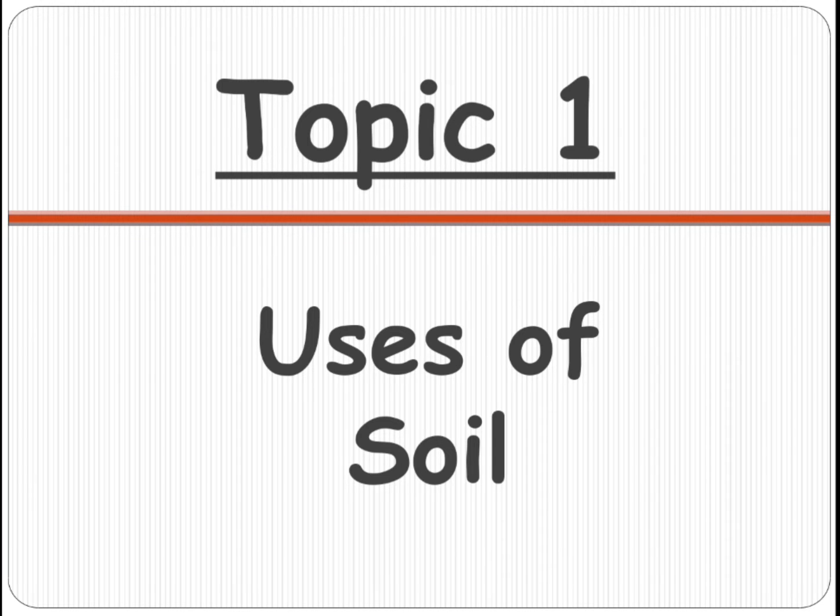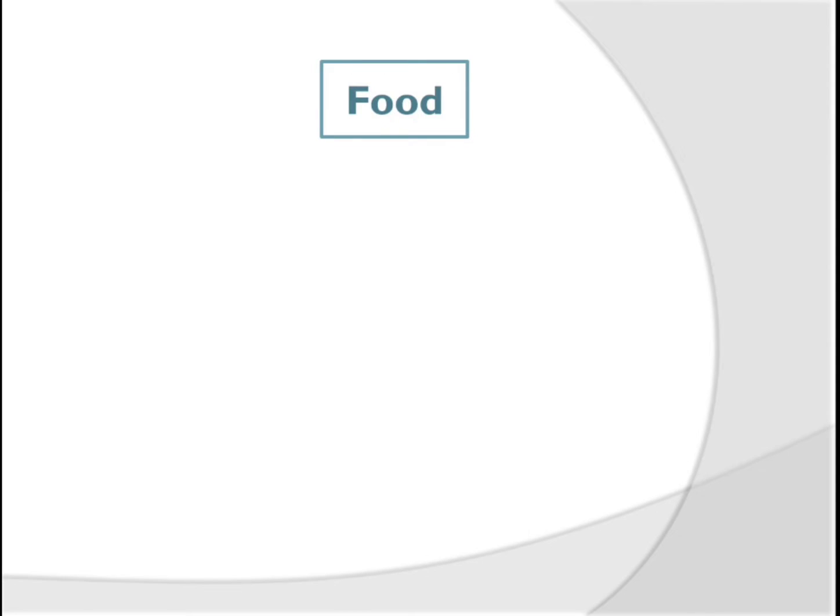Most plants grow in the soil, isn't it, children? So what is the first use of soil? Let's take, what do we eat, children? Food, isn't it? The food we eat is grown as crops, in the form of plants and crops. Where does that grow? In the soil.